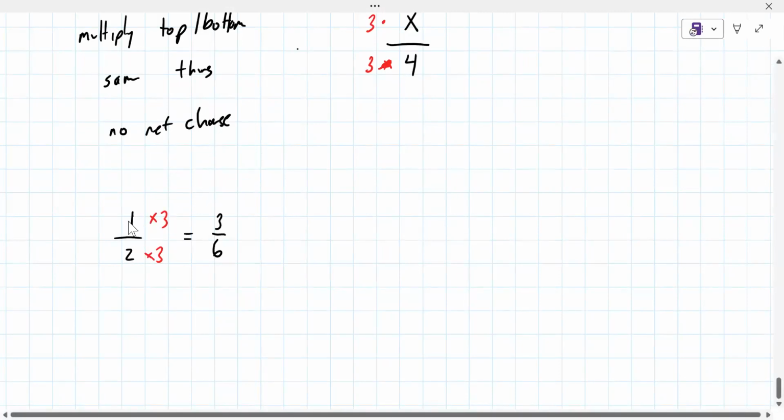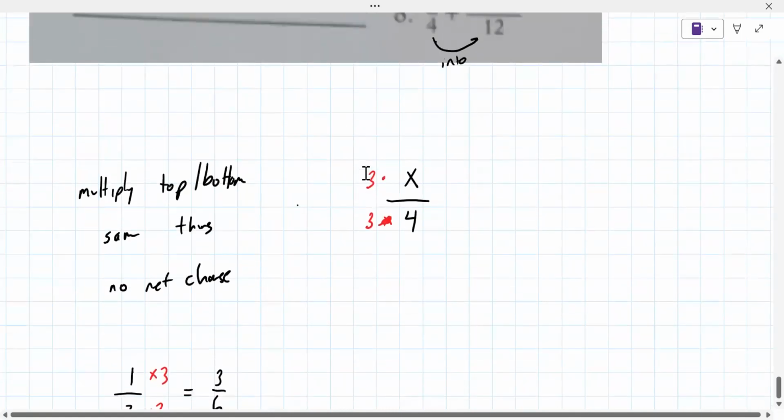Okay, let's use different words. Is 1 half of 2? Is 3 half of 6? Yes. Is 2 double 1? Is 6 double 3? Yes. No net change. Net change is like, did it really change in the end, all things considered? No. Okay, so that's why this works here.